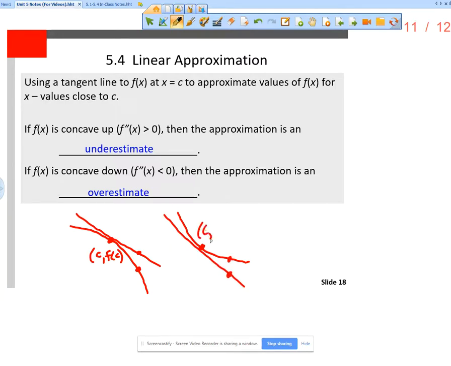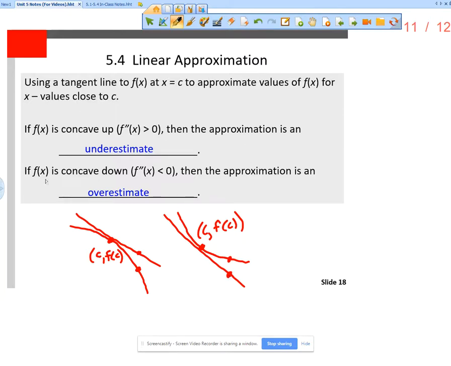So if this is c comma f of c, this tangent line is always below the curve. And so we can say if f is concave up, meaning f double prime is greater than 0, then an approximation using a tangent line is an underestimate. So this curve is concave up here on the right. That means the tangent line would be an underestimate.